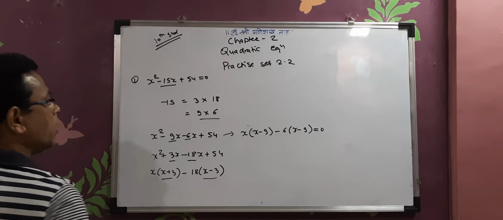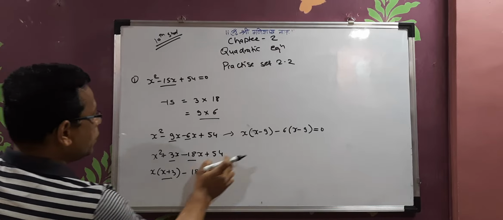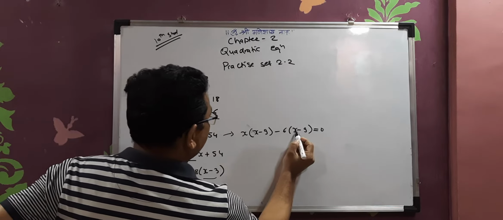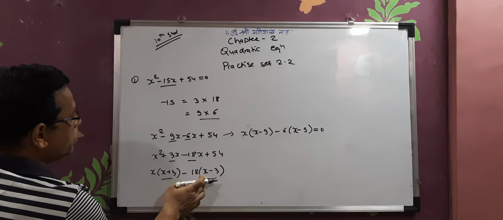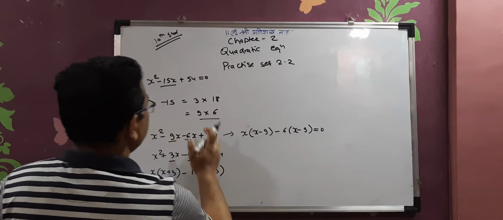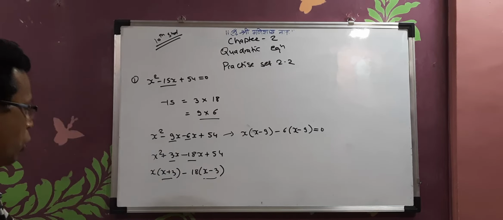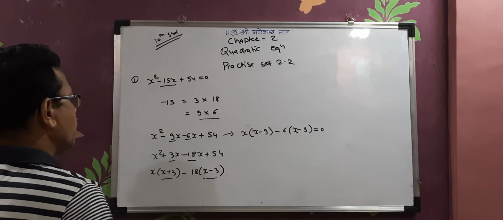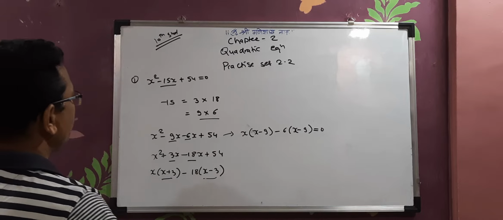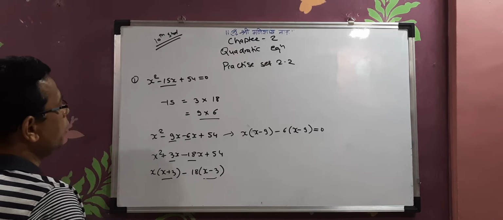So it is satisfying our requirement. Both brackets x minus 9 are common. Here it is not the situation, here x plus 3 and x minus 3. So we are taking 9 and 6 instead of 3 and 18. We have to do a lot of practice for getting the correct factors. Once you do the practice, you will definitely know how to get the required factors.